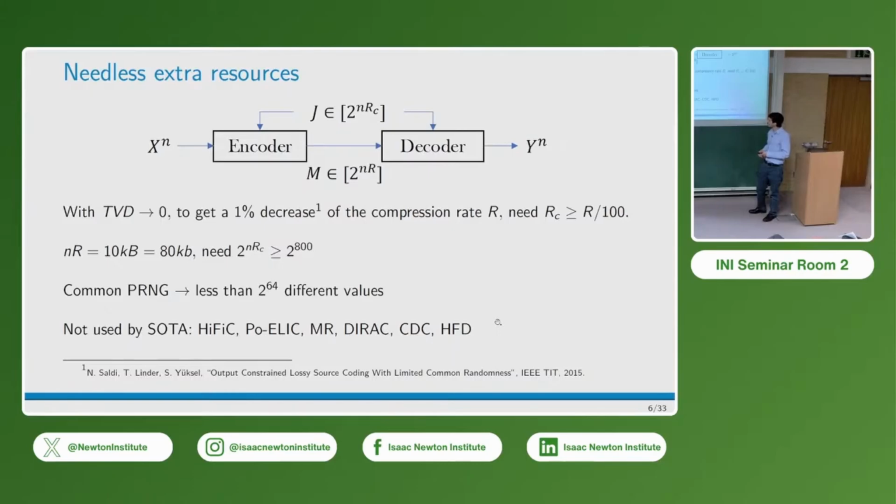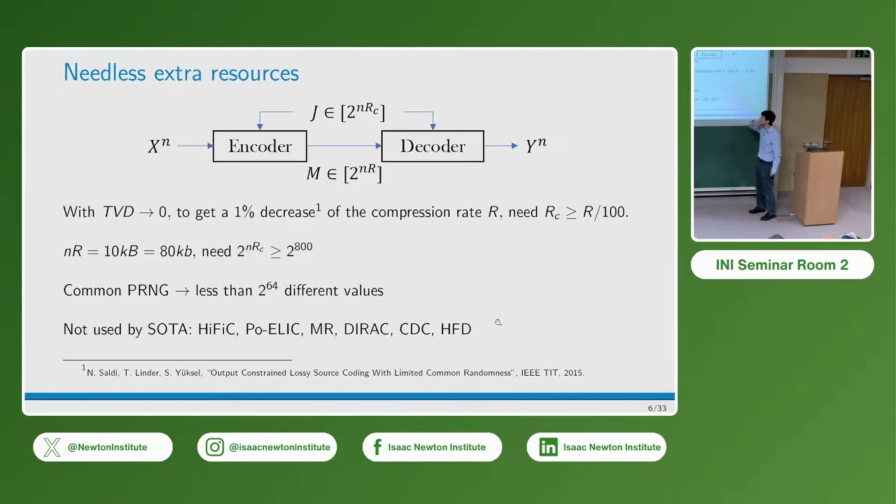And the problem is that it's not just about getting a small number that is the same at both sides to agree on some way of compressing the image or sequence here. What has been shown in the theory is that just for the presence of this common randomness to be at least a little bit useful, at least to allow a 1% saving in compression rate or file size, you need the number of different values that the common randomness can take to be enormous. So R_C should be at least 1% of the compression rate.